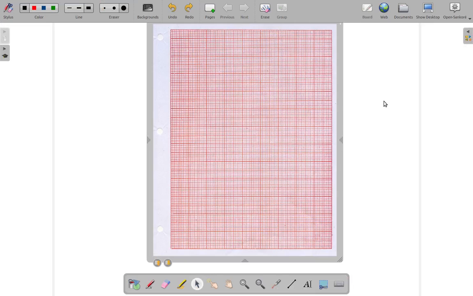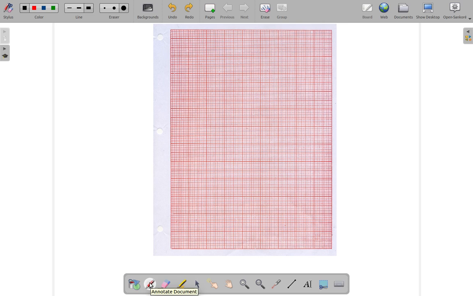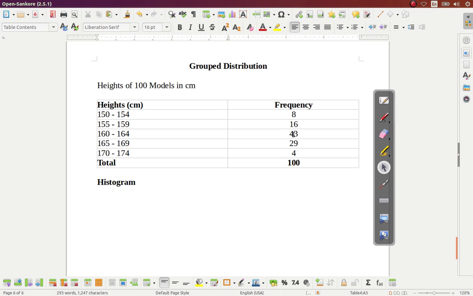Now, this is a graph paper so far. We're looking at this graph paper. Now, the thing is, we're going as high as 43 and as low as 4. So this goes up to 43, 45 or 50.